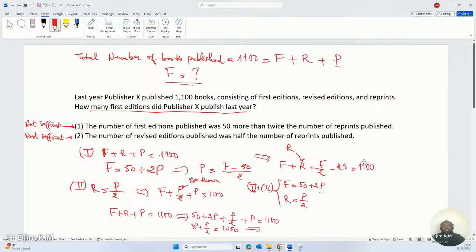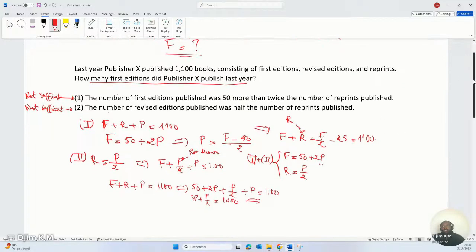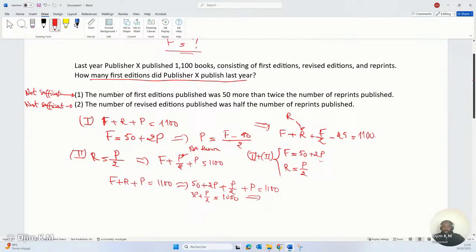This will let us write it down like this: 6P plus P over 2, and we will get 7P equal to 2100.